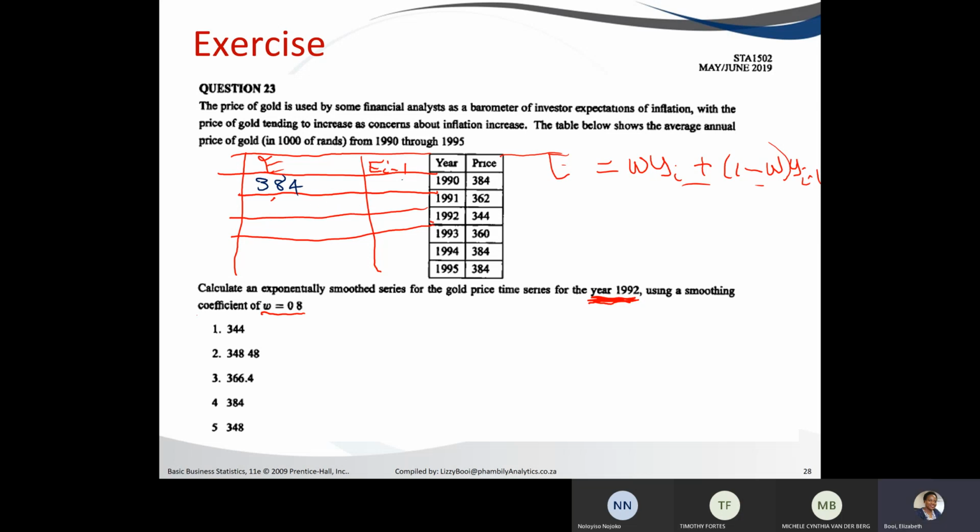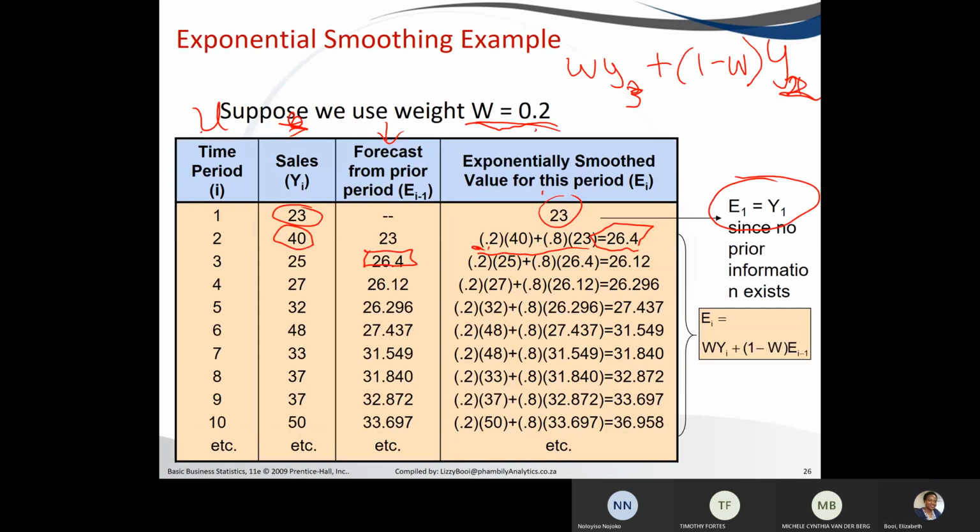So in order to calculate the second one, if we go back to the table, remember, that was our first one. The exponential smoothing will be the same as the original one. Now we need to do line number 2.